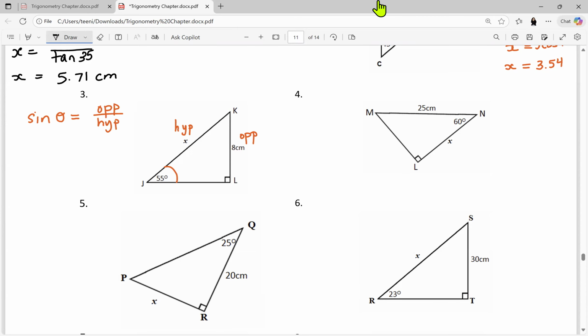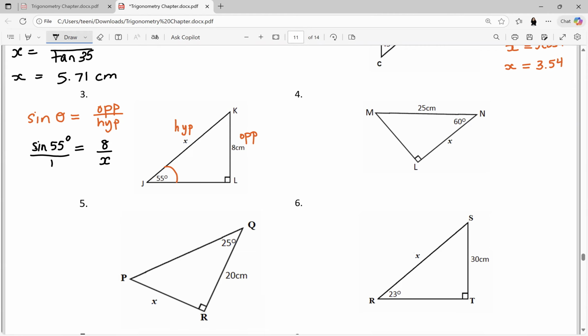This means that if I substitute my values in there, it'll be sine of 55 degrees is equal to the opposite side, which is 8, over the hypotenuse, which is x. In this case, guys, whenever the unknown side is in the denominator, you have to divide the known side by the sine of the angle.